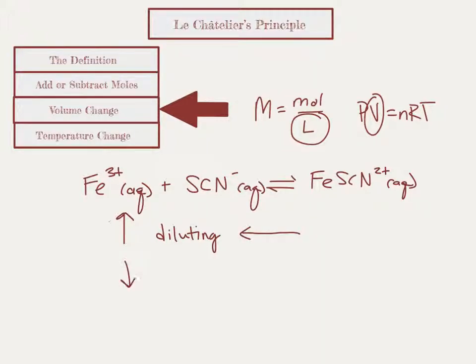If I decrease the volume by doing something like evaporating my solvent, I would shift my equilibrium to the right to fit the most people comfortably inside of a tiny elevator. You can use this elevator example anytime you need to consider changing volume.